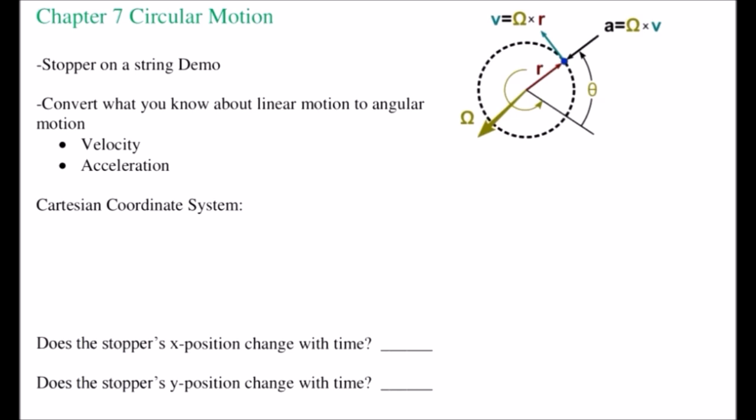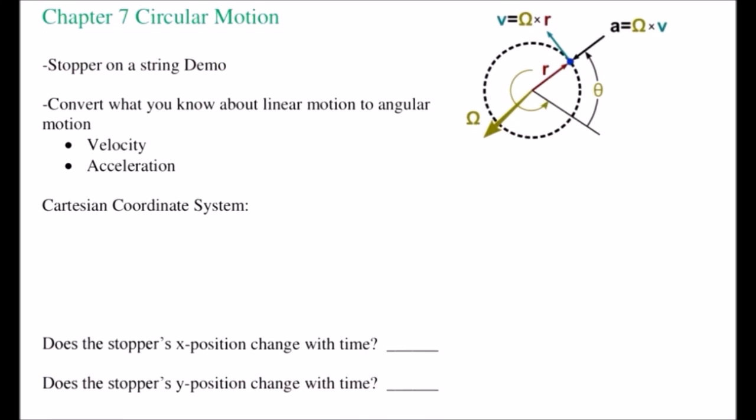So let's write down what that looks like on the Cartesian coordinate system. What is the Cartesian coordinate system? Anybody know? That is the standard coordinate system that you've been using since middle school. So that's your regular old x and y axis.